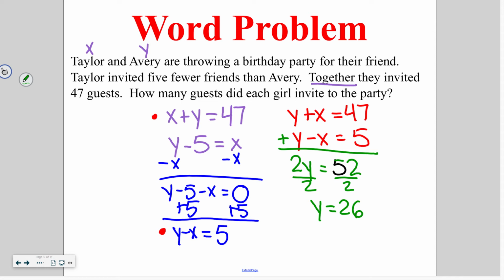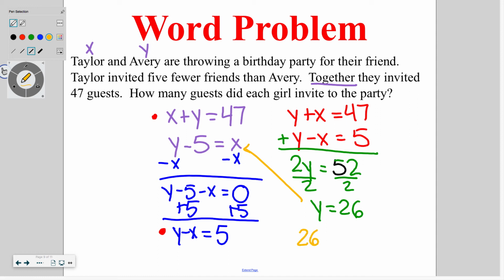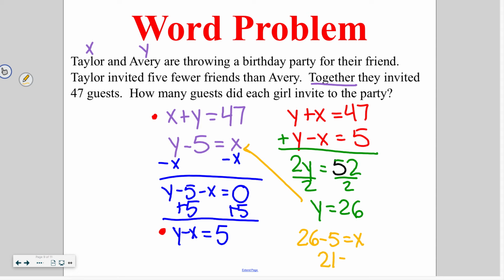So that tells me that our y value is equal to 26. I'm going to go ahead and plug that back in. I'm going to plug that back into the second equation and go 26 minus 5 is equal to x. Solving 26 minus 5, I end up with an answer of 21 is equal to x.